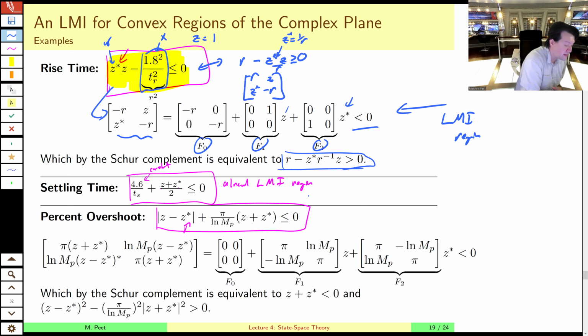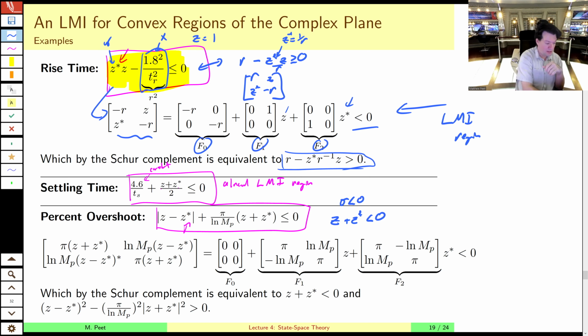As I said, this one's already an LMI region. This one's a bit trickier, and I think I have a more detailed explanation on the next slide. But basically, again, applying the Schur complement and noting that Z plus Z star is less than 0, that means the sigma is less than 0, making that assumption, because that's implied by the constraint itself.